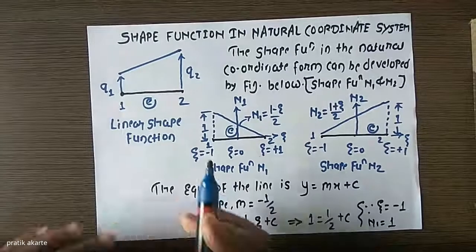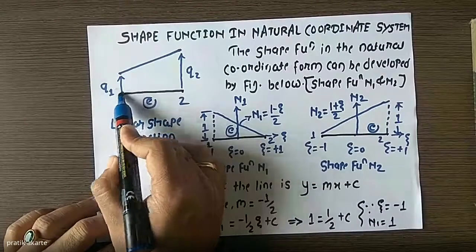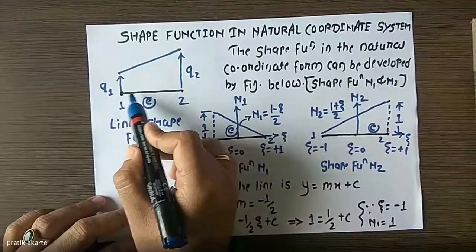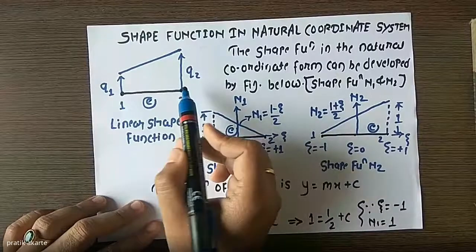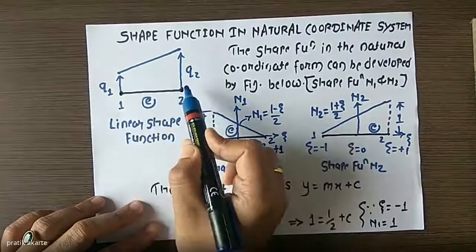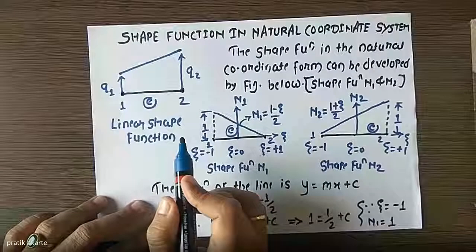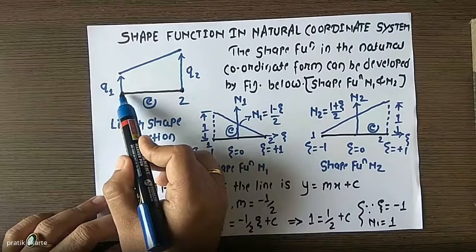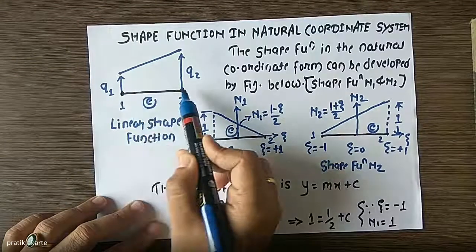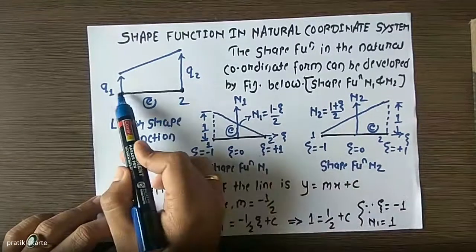Let us say if it is a cantilever beam, you will be fixing this node and applying some force over here. So you know the values of the field variable at these nodes.